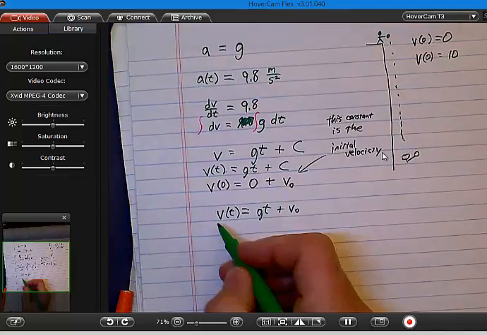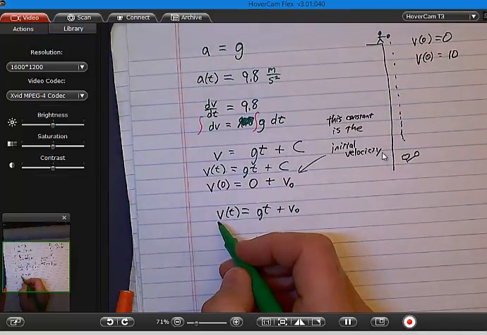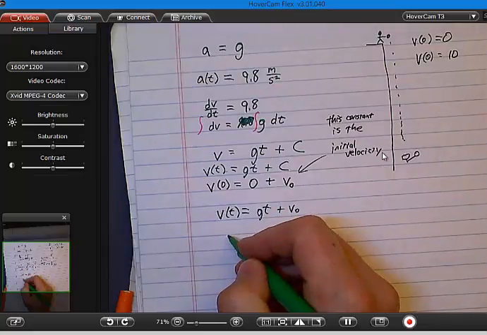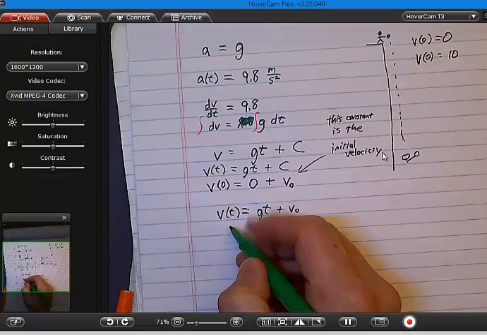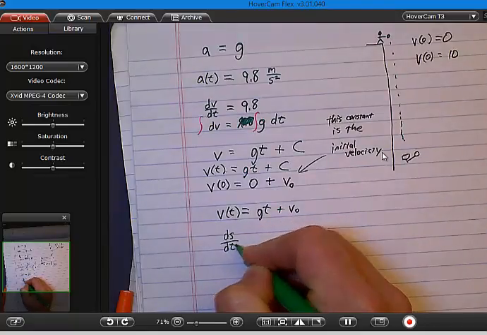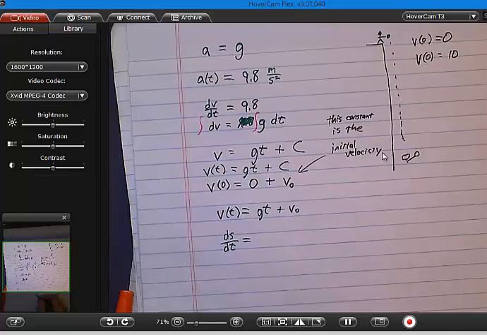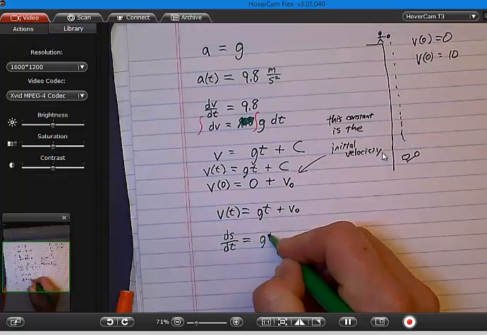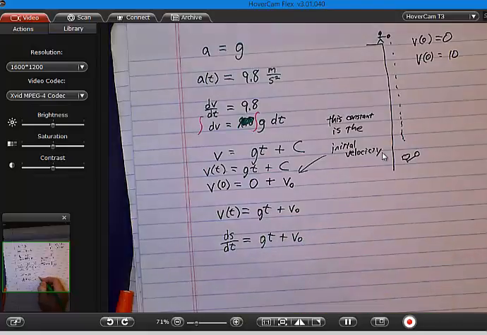All right, but what is velocity? It's also a derivative. It's a derivative of what? It's the derivative of your position function. And in the physics world, we like to use s for that, I think. Am I right? They might use h also. So ds dt is equal to gt plus v initial.